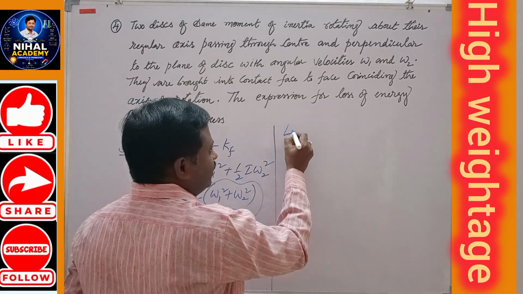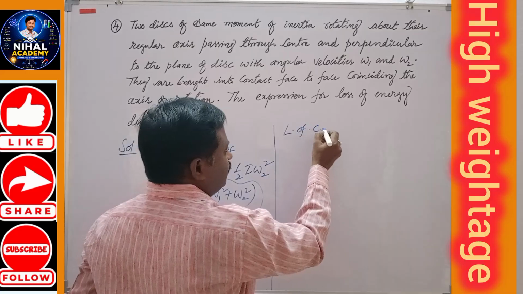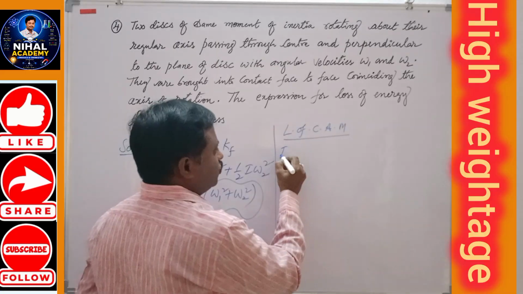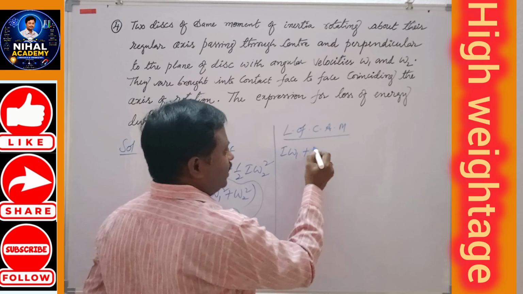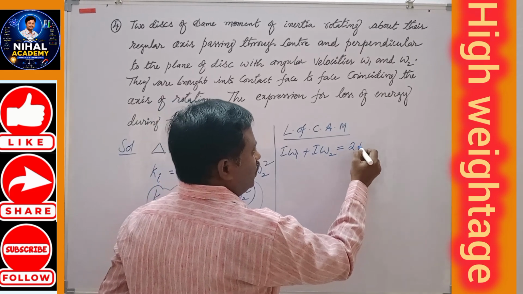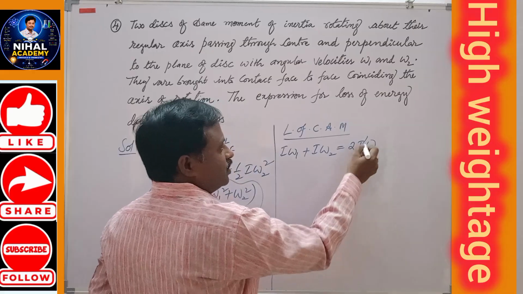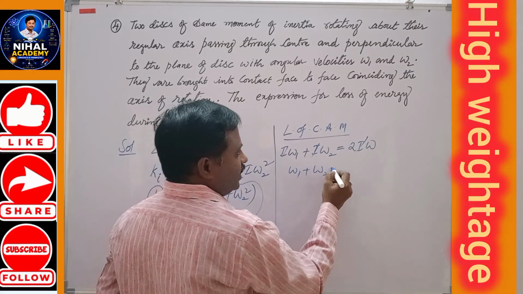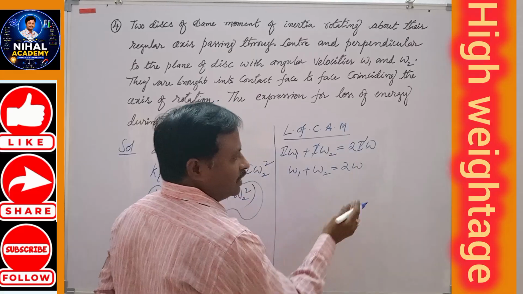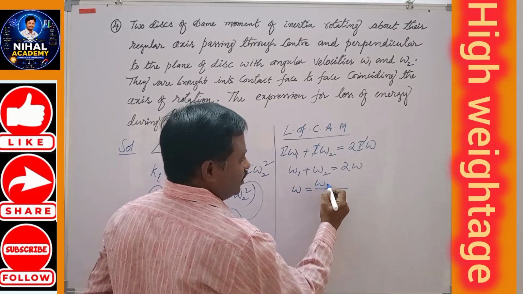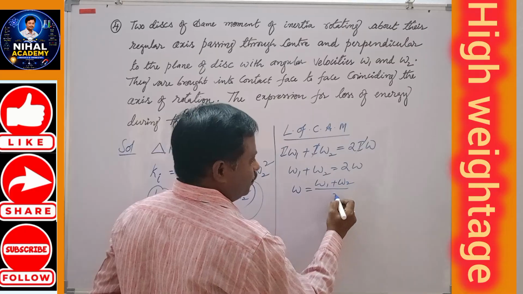As per the law of conservation of angular momentum, I omega 1 plus I omega 2 is equal to 2I omega. I you can take out, then omega 1 plus omega 2 is equal to 2 omega. So this omega we can write as (omega 1 plus omega 2) by 2.